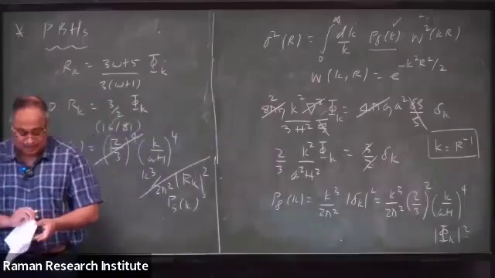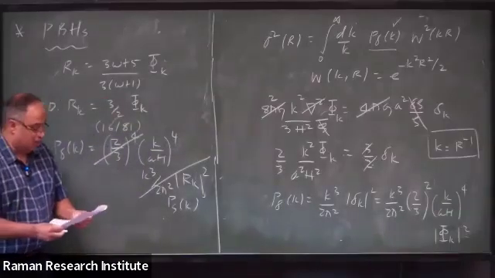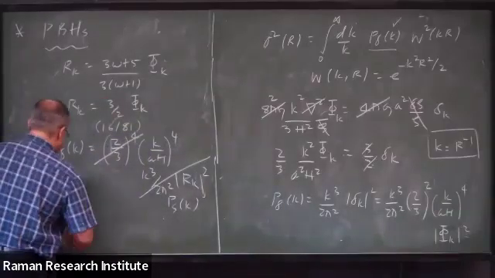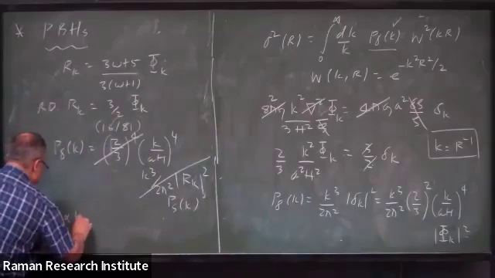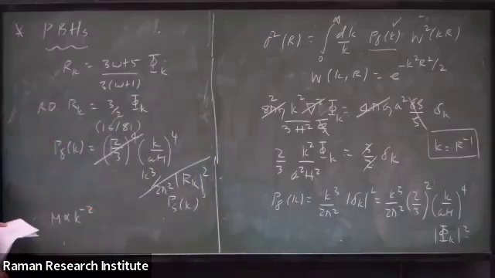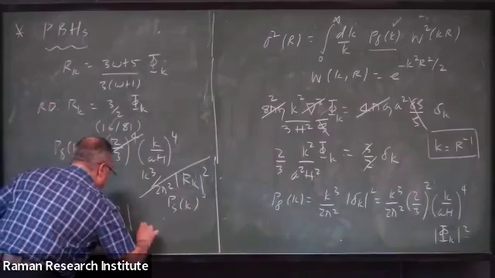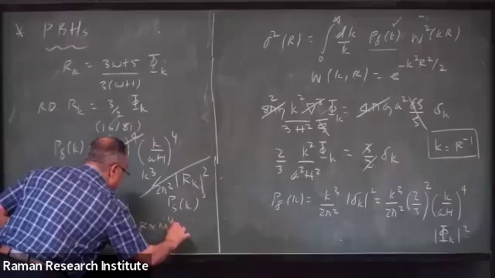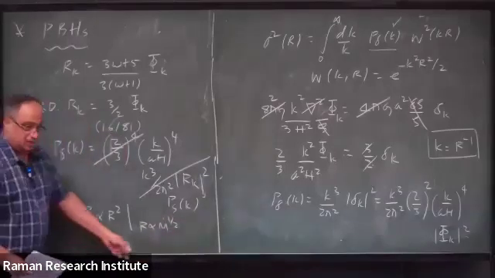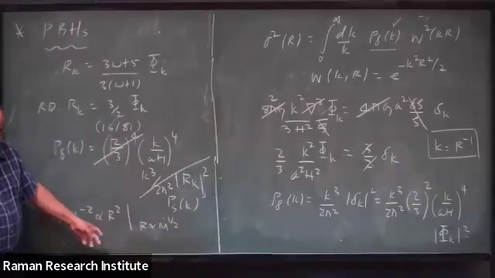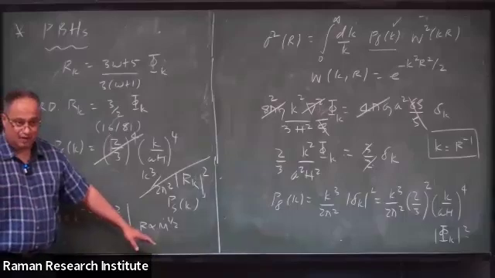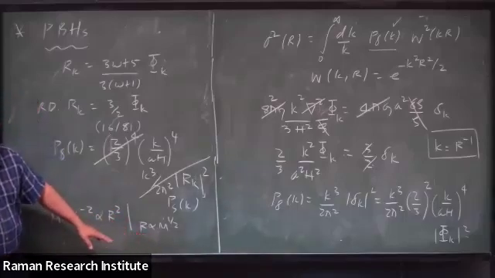And that leads you to the relation. So what do you have? M is proportional to K minus 2, which means it is proportional to R squared, or R is proportional to M to the power half. All the factors included, etc., can be found in one of the references I will share eventually.